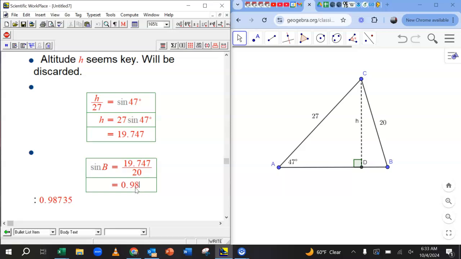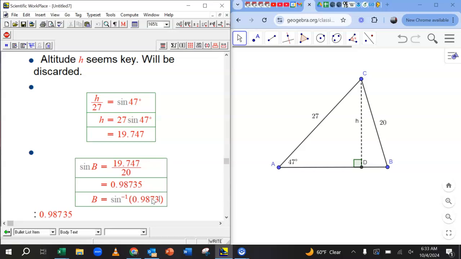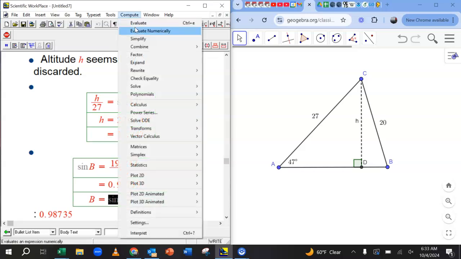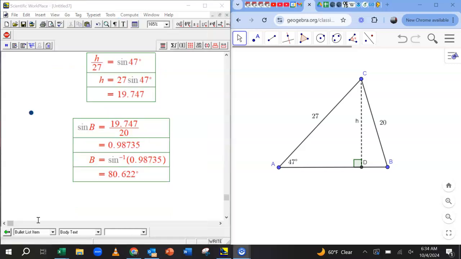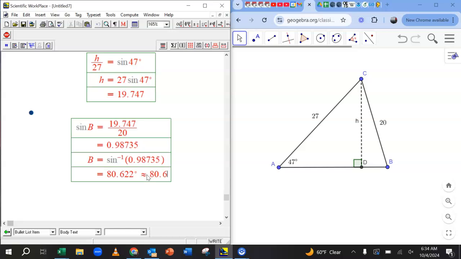That's pretty close to as big as a sine can ever get. That's maybe a little more accuracy. Then B is going to be the inverse sine of that. Let's compute that. The calculator gave me 80.622 degrees, and maybe we could round that to 80.6 degrees because it's unlikely that we'd want it to such precision.